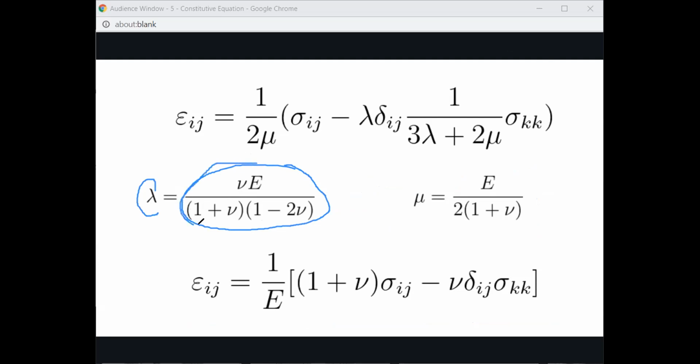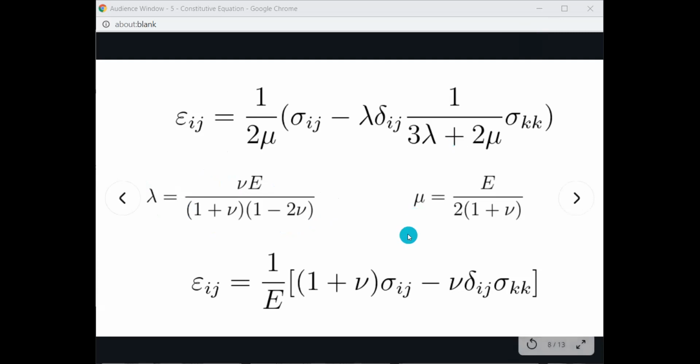Historically, si Lame, yung nag-propose ng Lame coefficient, pinopose yung form ng Lame. And then by experiments, ito na lang yung ginamit. It was found out that it is related to this one. Because ito naman yung talagang mini-measure in experiments. Okay? Ayan. Anyway, this form is what we're going to use.